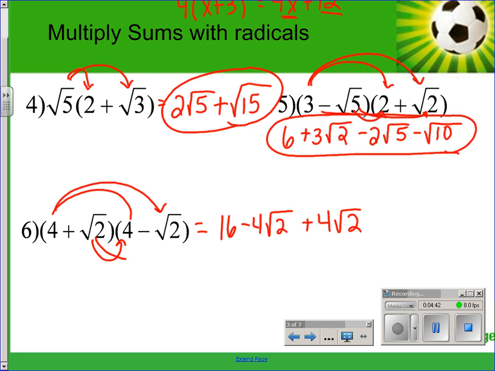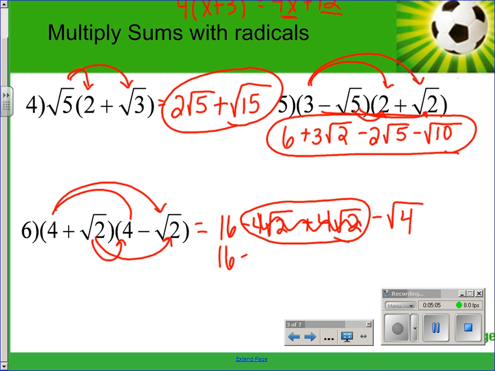And then you have inside and inside, so you can multiply them to get 4. Now, do we have like radicals? We do, right here. So we can combine them. What is negative 4 plus 4? Right, 0, so technically they're gone, because 0 times anything is 0. So now we're left with 16 minus the square root of 4. What is the square root of 4? 2, and then subtract it, and that is your answer.